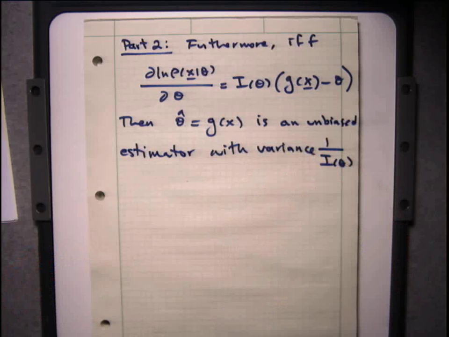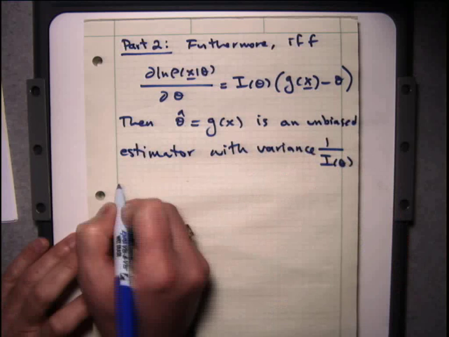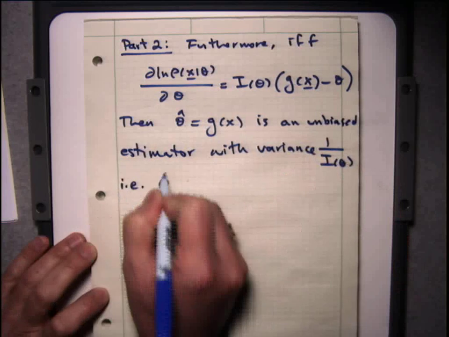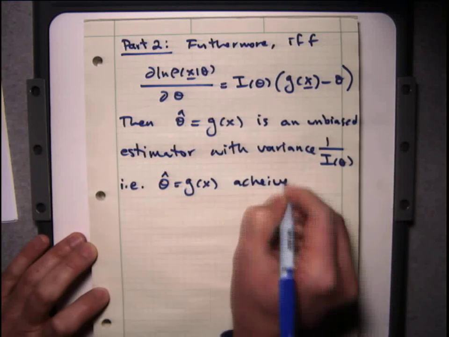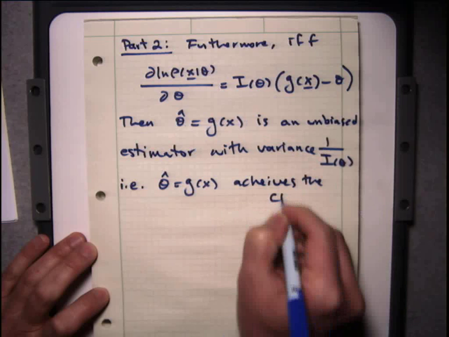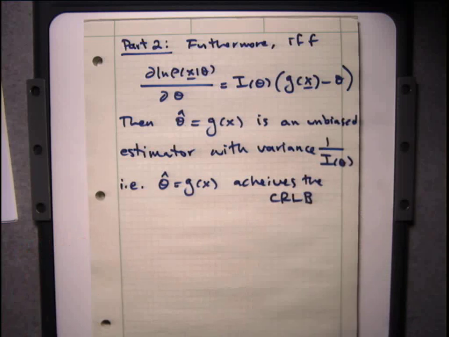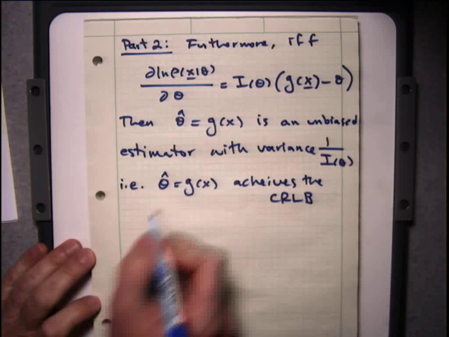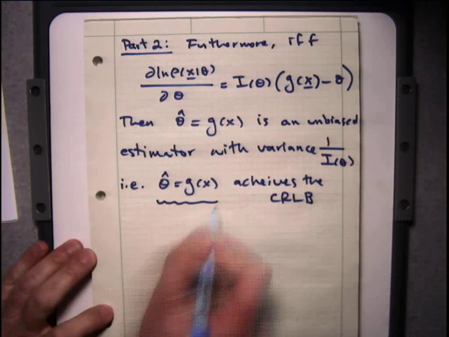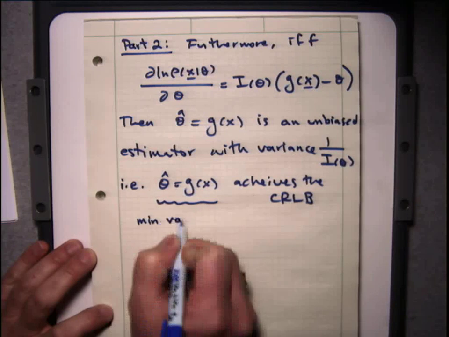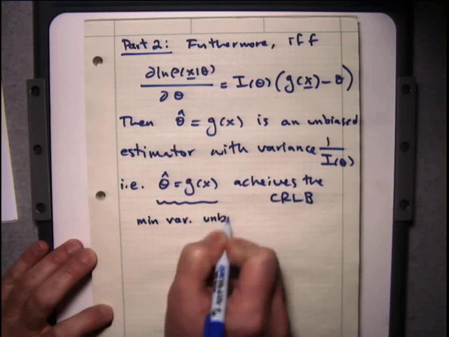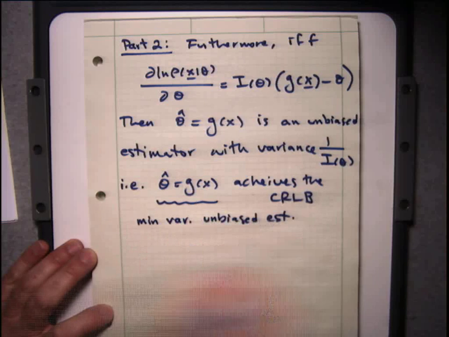Okay, what does that mean? It means theta hat equals g of x achieves the Cramer-Rao lower bound. There's a name for this. So this is now going to be basically your minimum variance unbiased estimator.